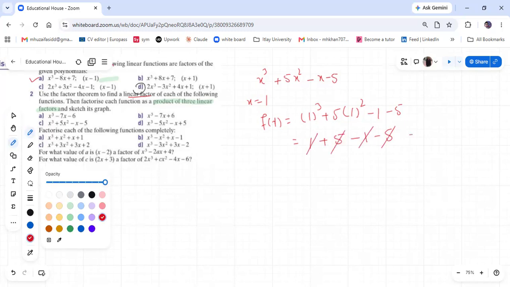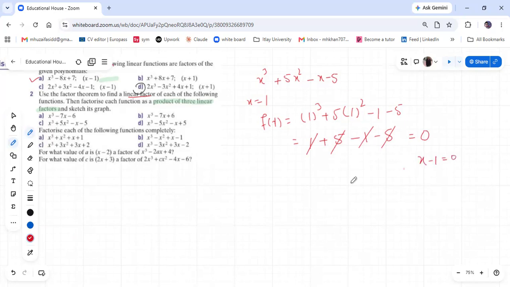So it gives us 0. Got it? So on the behalf of this, x minus 1 is equal to 0. x minus 1 is the factor. Got it?